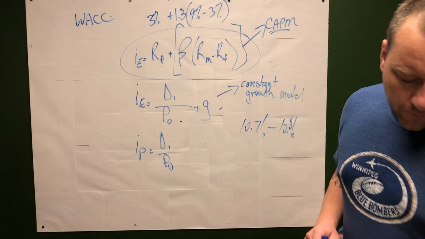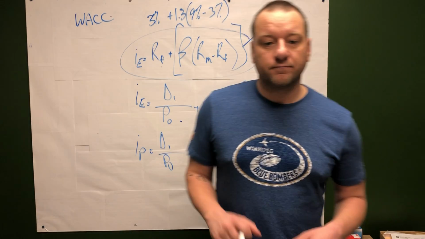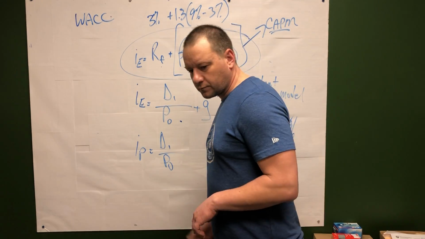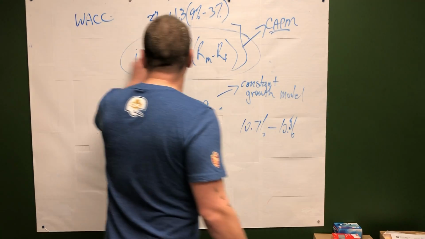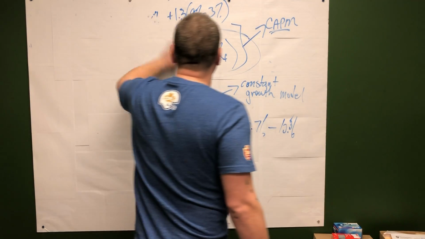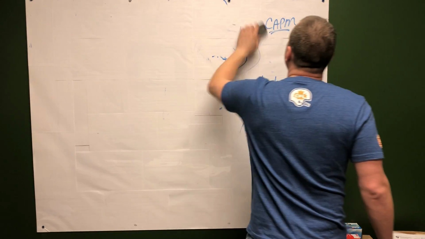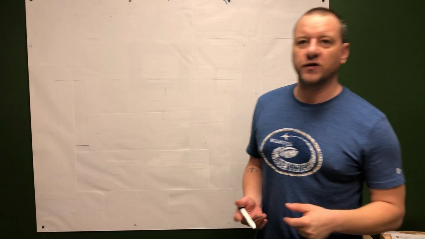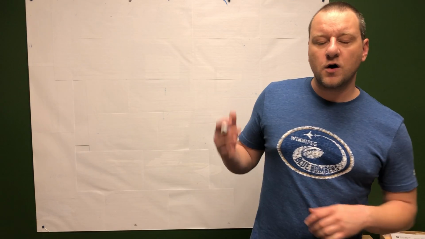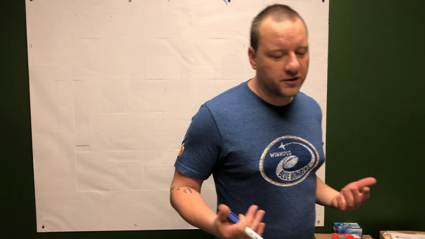Now we have to look at calculating the cost of debt, because that cost of debt has a tax factor to it. Even though we might pay $100,000 of interest, that $100,000 is a taxable expense, so we can use that as a deduction.